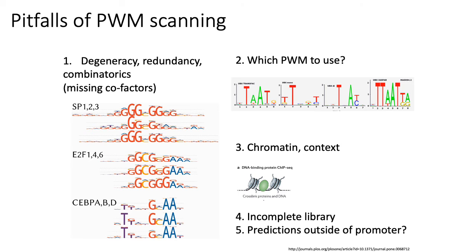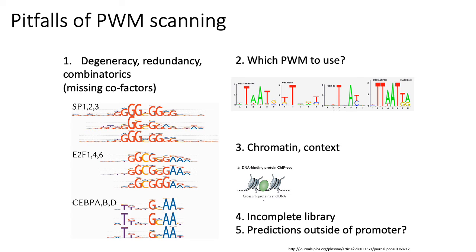Number 2, there's a big question that we didn't really talk about, which is that it can be challenging to figure out which position weight matrix to use. In the ChIP-seq lecture, I briefly mentioned that there are many databases where people have taken ChIP-seq data, SELEX data or PBM data and assayed different transcription factors to generate sequence logos.